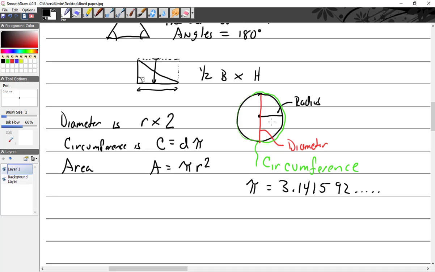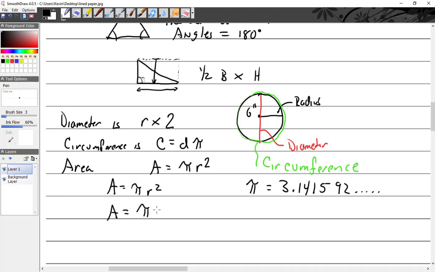If I had something like this and said the diameter is 6 inches, what's the area? How would I figure that out? 6 divided by 2. If the area equals pi times the radius squared, what's the radius? 3 inches.